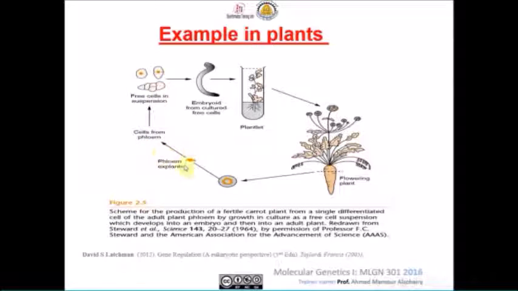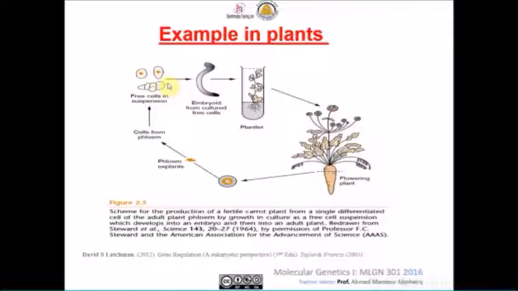So you can see in the example here that if you take some tissues from a mature plant, from the phloem, you can take these cells and plant these tissues on the right media, the tissue culture media, and put some hormones like auxins and cytokinins on the media.